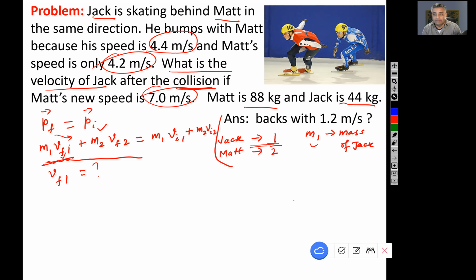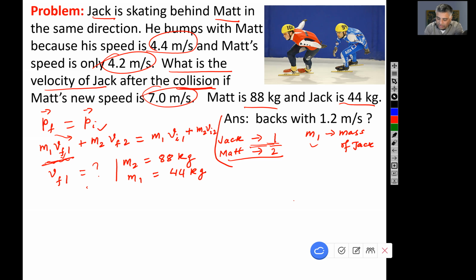But we have to be careful while writing the velocities. They are vectors, so we need to take account of positive and negative sign for the direction. That's the thing we have to be more careful about once we write the formula and figure out what we are trying to find. Masses, being scalar, we don't need to worry about. Matt is number 2, so m2 is 88 kilograms, and m1 is 44 kilograms.